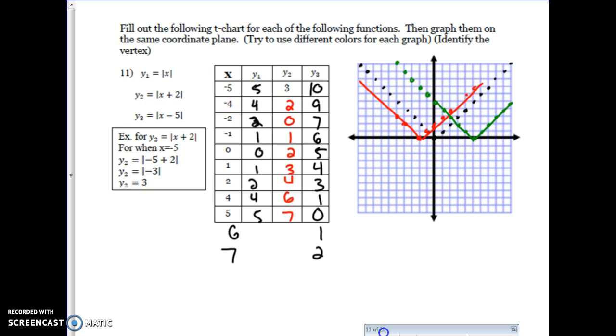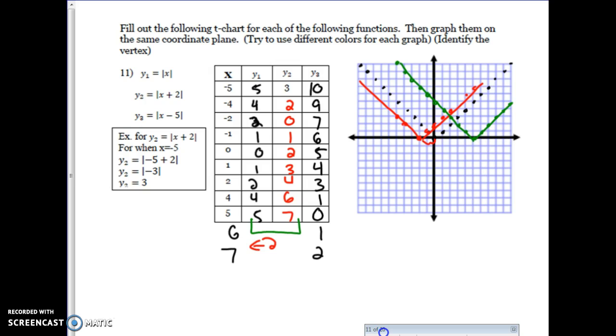Now, what is the relationship here? If I were to compare the black to the green, or black to the red, what happens? It looks like each point is going over 2 units to the left. Okay, each point is being shifted 2 to the left.